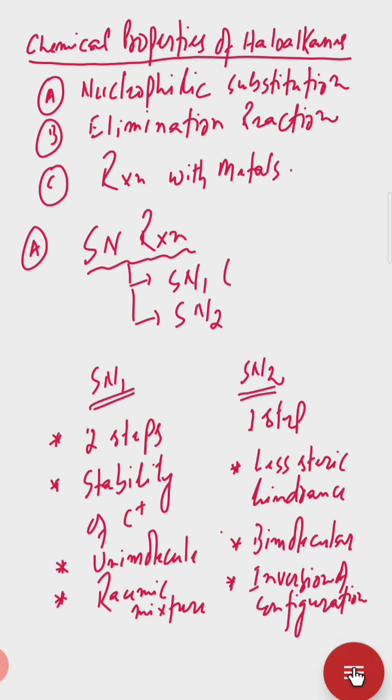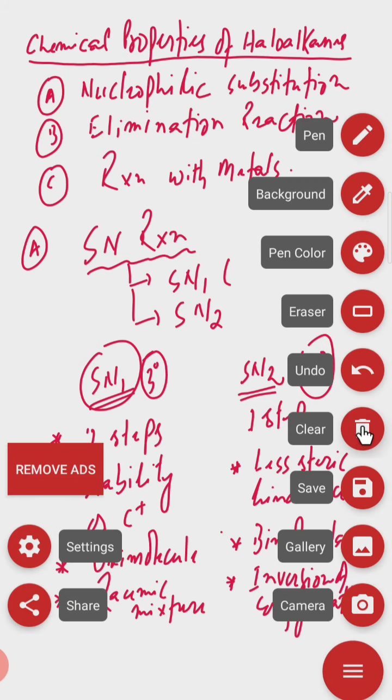Let me turn this page to start the mechanism of the SN1 reaction. In SN1 reaction, we need to take a tertiary haloalkane for showing the mechanism, because in a tertiary haloalkane the carbocation formed will be a stable carbocation. And in SN2, I'm going to take a primary haloalkane. First of all, let me write an example in which I can explain the mechanism of SN1.